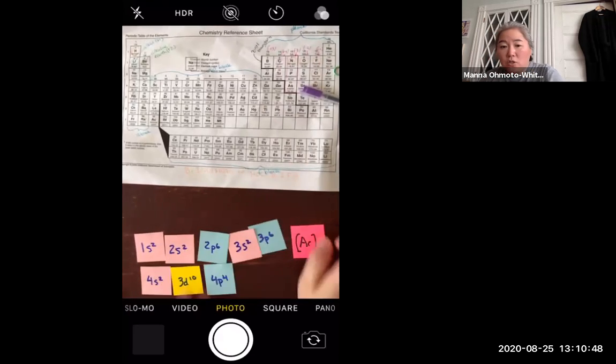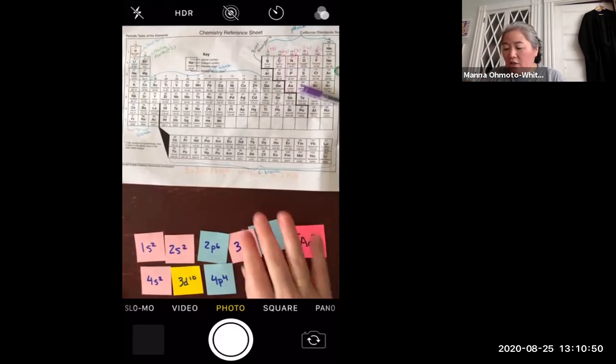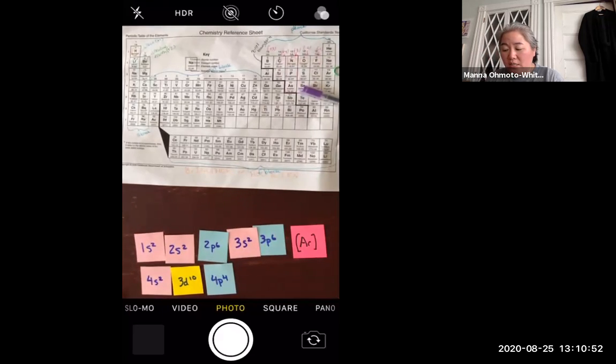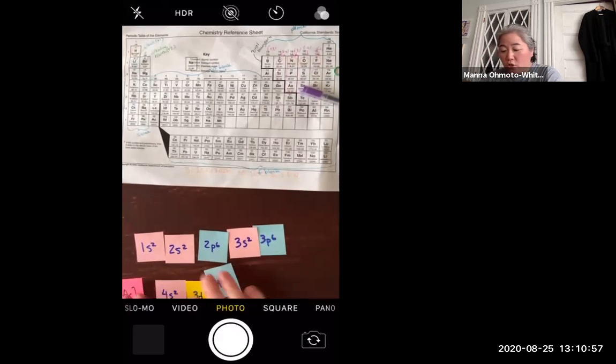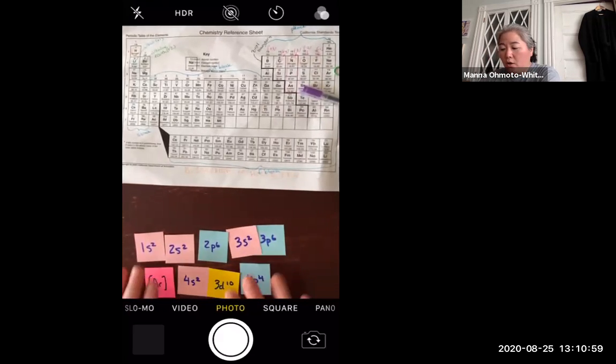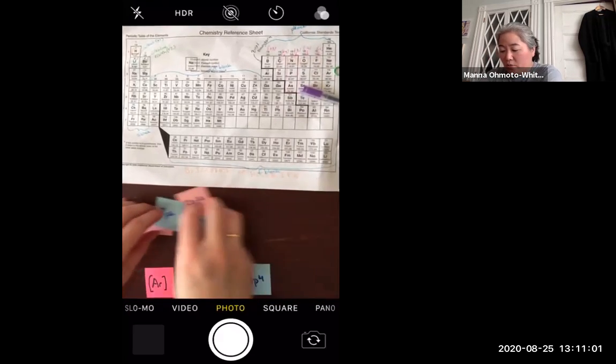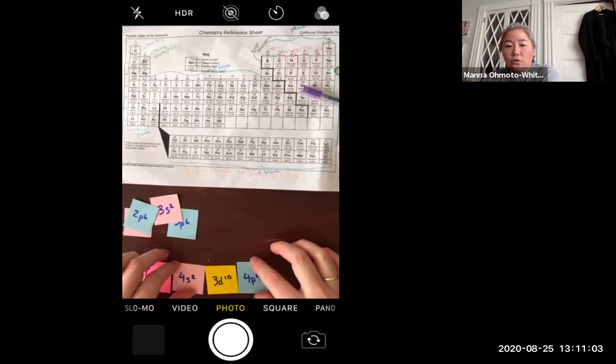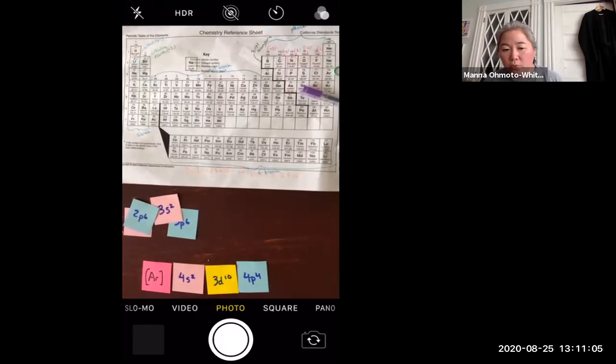So I can substitute in for this entire thing, 1s2, 2s2, 2p6, 3s2, 3p6, argon, and simply write as my shorthand argon, because that's what this represents, 4s2, 3d10, 4p4. So this is my shorthand, or what we call noble gas core, argon, right here, and then the remaining 16 electrons that don't fit into the argon configuration.